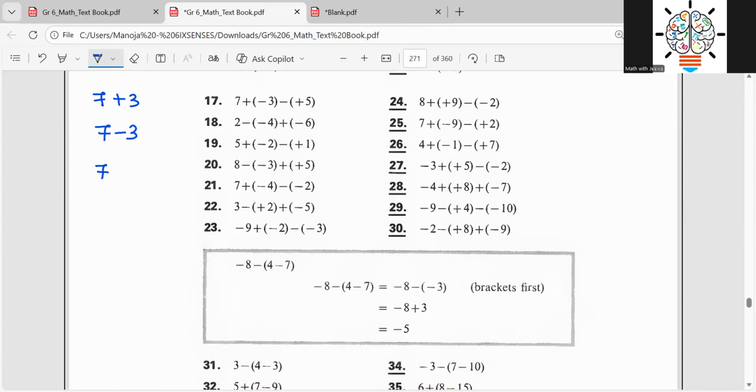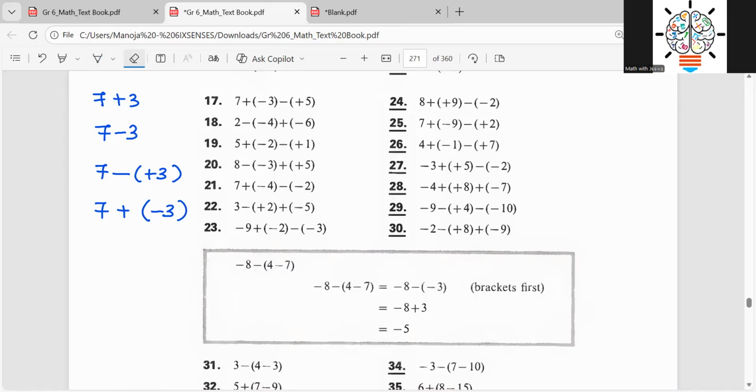But if you have 7 subtract plus 3, or 7 add minus 3, it is not a simple math operation, because you can see two signs or two math operations close together. What are we going to do? Today we are going to learn how to do this.